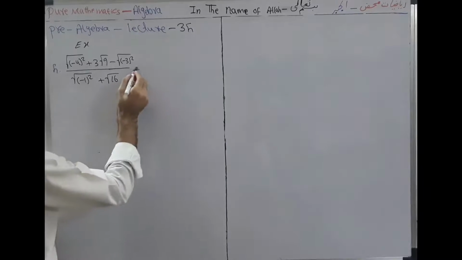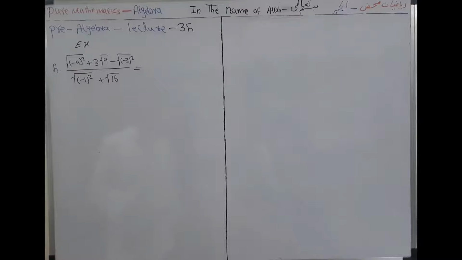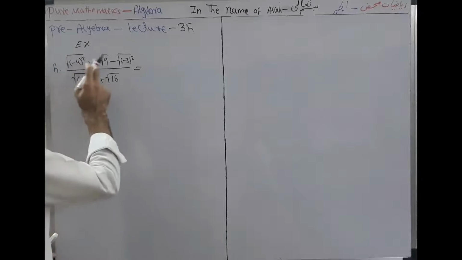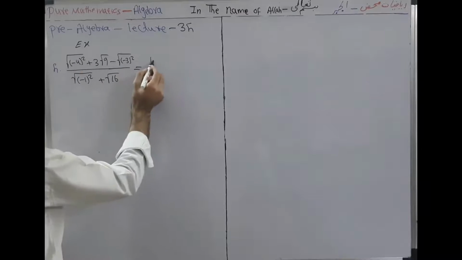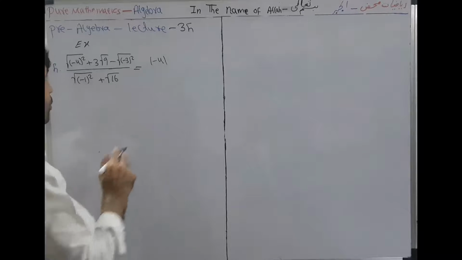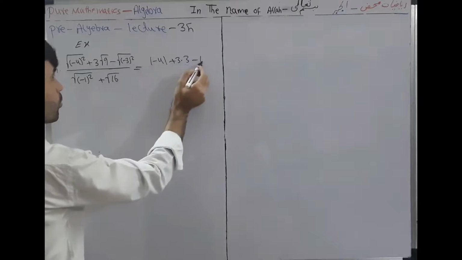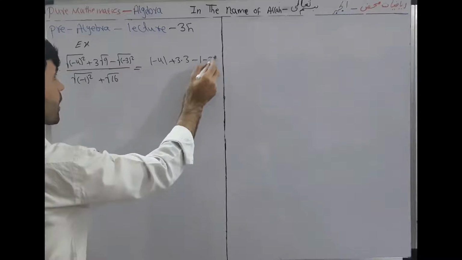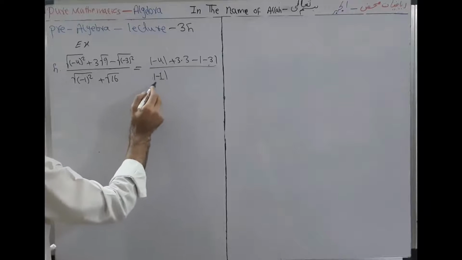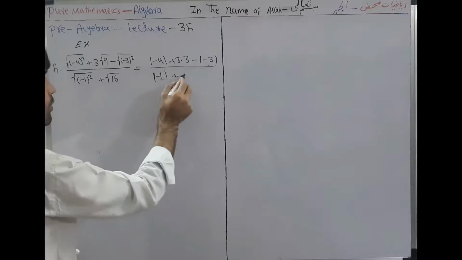Question 5. If the index and exponent of radicand are even, then we can write absolute value of radicand. Radicand here is minus 4 plus 3 into 3 minus absolute value of minus 3 over absolute value of minus 1 plus 16, square root of 16 is 4.